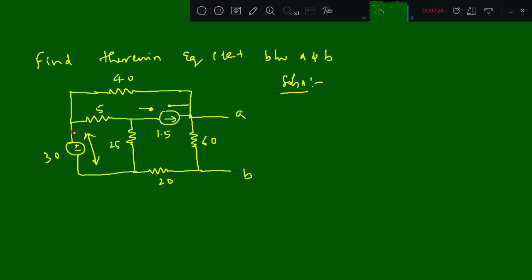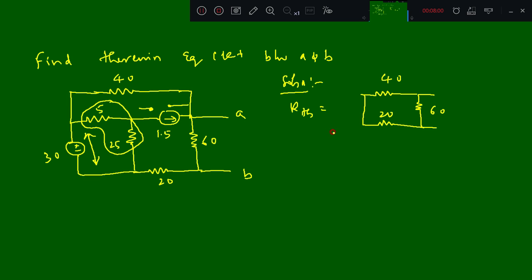The current takes the least resistance path, so we will omit these 5 and 25 ohm resistors for the calculation. So the equivalent circuit for RTH I will get like this: here it is 40, below it is 20, then here it is 60, because of the least resistance path.